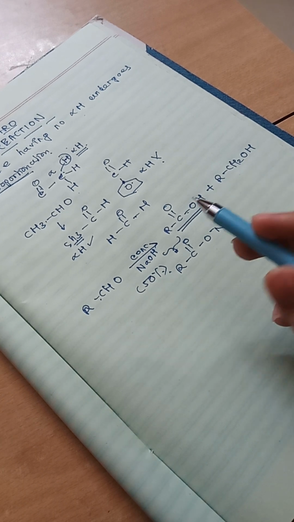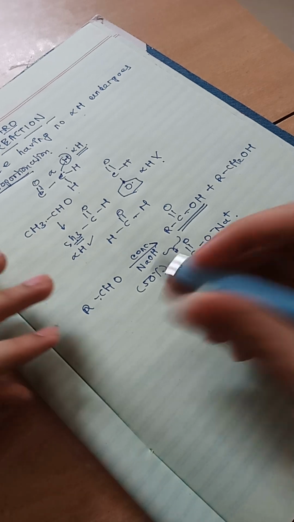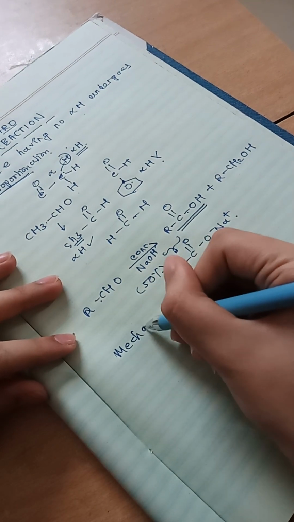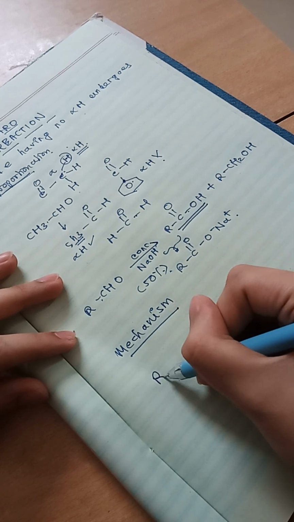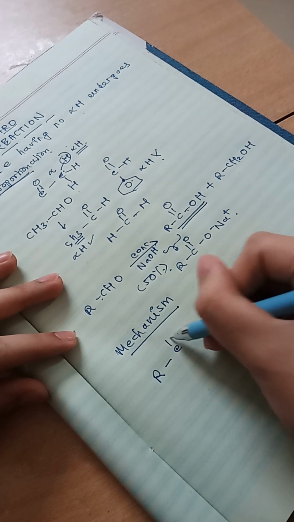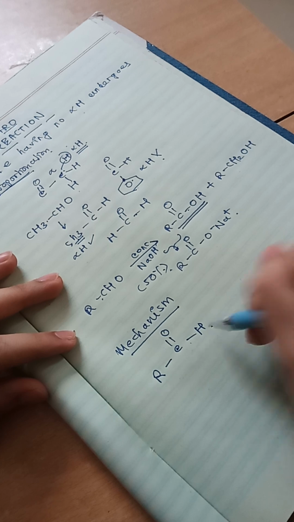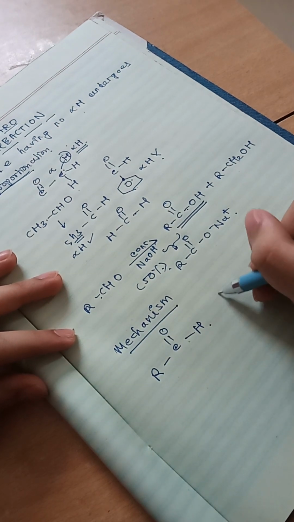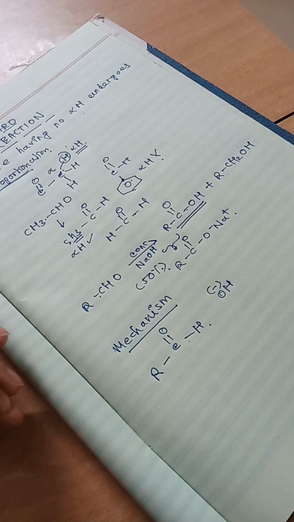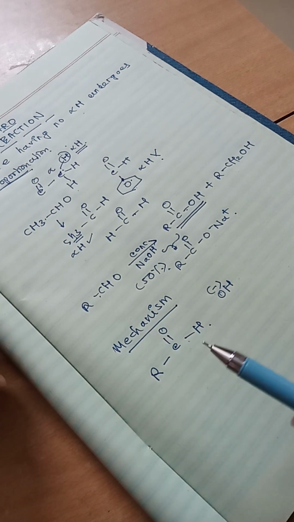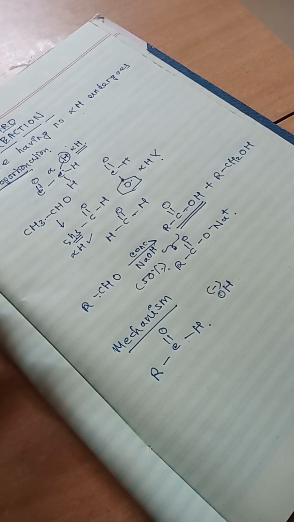Okay, so let's learn the mechanism of this reaction. So this is your aldehyde molecule, and we have OH minus. In this particular case, there is no acidic hydrogen to be abstracted.